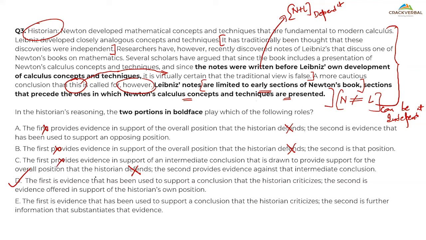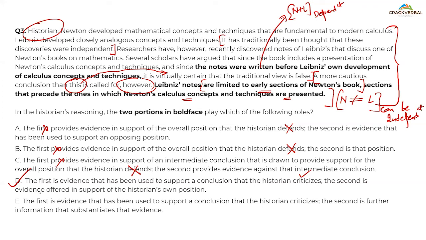A, B, C gone. The first is evidence that is being used to support a conclusion that the historian criticizes, because this line was very important: a more cautious conclusion than this is called for, however. If you had paid attention to this line, you would know this was data supporting the previous line.